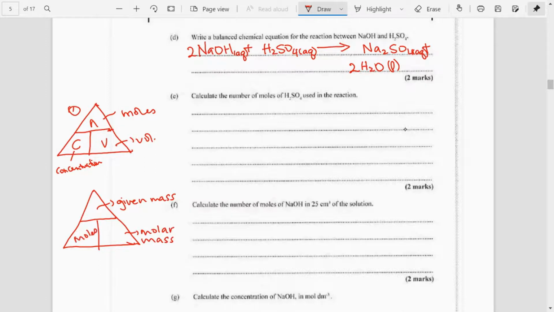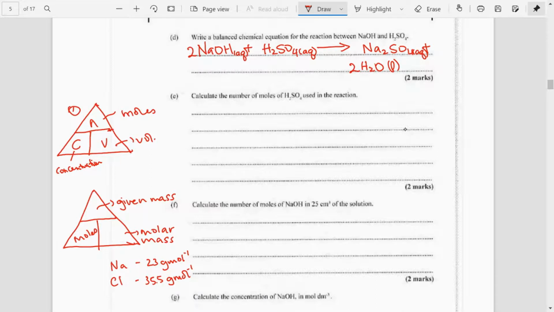And molar mass, of course, is found from your periodic table. So the molar mass of sodium is 23 grams per mole. Molar mass of chlorine is 35.5 grams per mole. Of course, the molar mass of sodium chloride would be 23 plus 35.5. So yes, that's your molar mass.